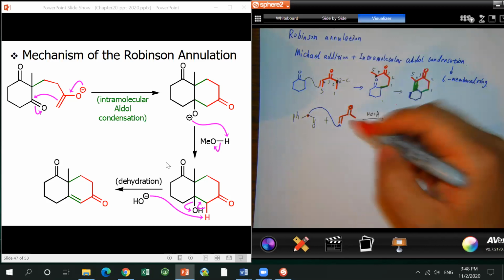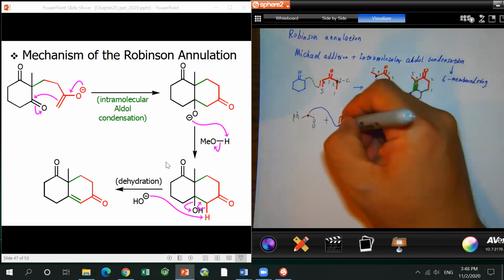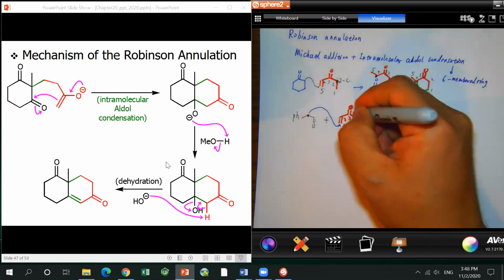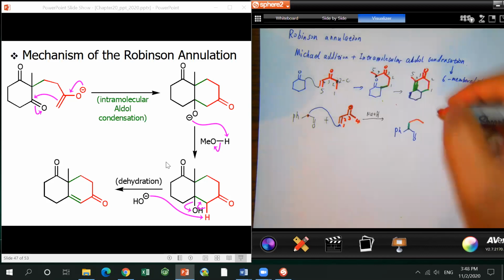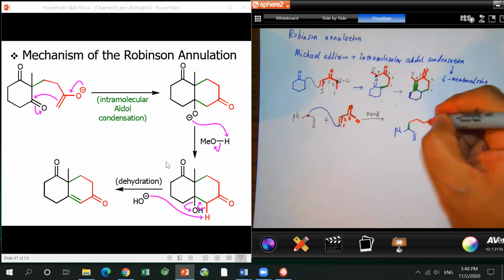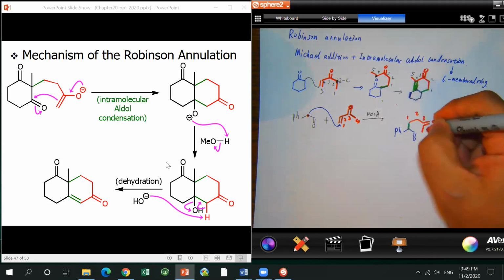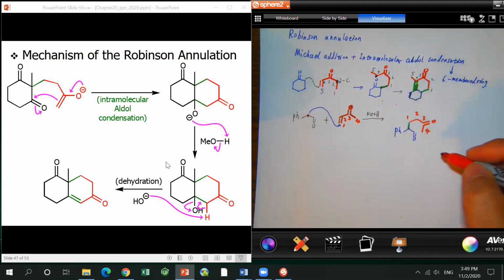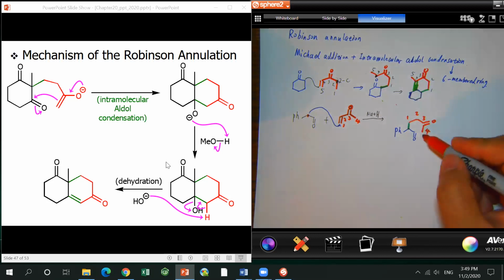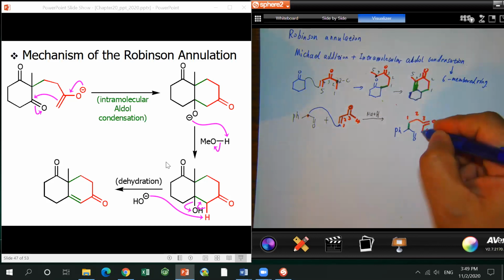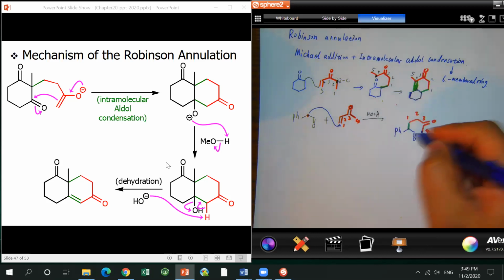Count the carbon number. What do we do here? 1, 2, 3, 4, okay. 1, 2, 3, 4, okay. All right, so that's the orientation. It also helps you put the new carbon close to the carbonyl of this aldehyde, okay, so that you can build a bond between these two.